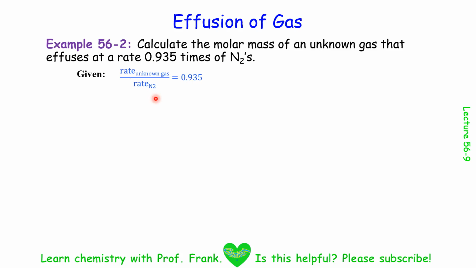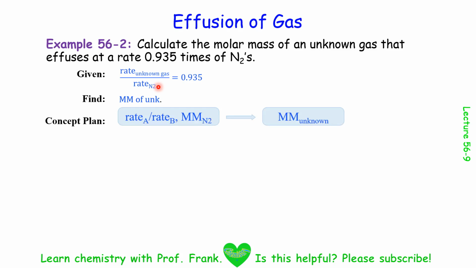The rate of the unknown gas over the rate of nitrogen gas is given. What do we need to find out? We need to find the molar mass of the unknown. Of course, we have to use this equation right here.